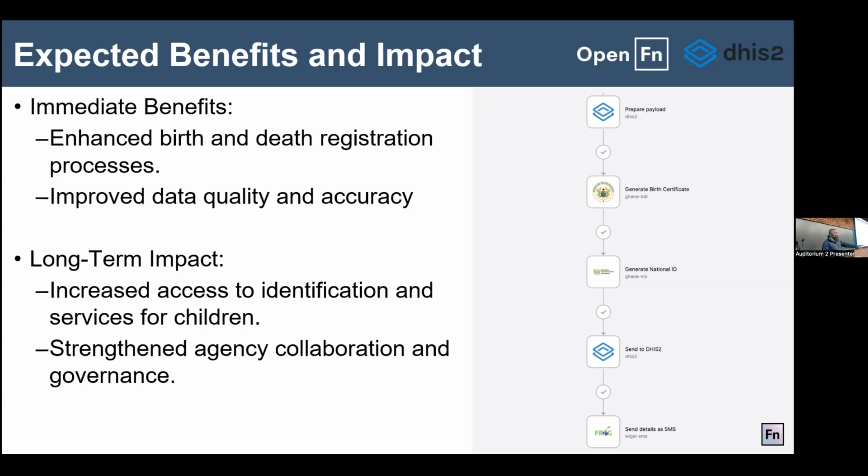So it takes out a lot of the human interventions, which hitherto were one of the things that would cause data quality problems. Long-term impact, we are looking at increased access to identification and services for children, because that has been the challenge. And also, we want to strengthen the collaboration and governance systems in Ghana.